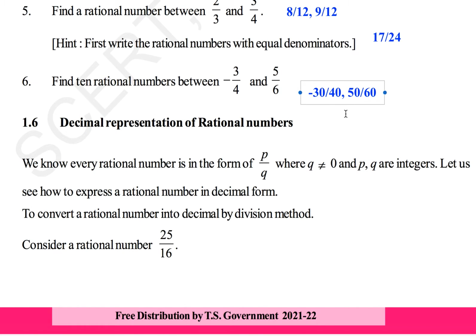Oh, wait a minute. These are positive numbers, these are negative numbers. So you need not go up to 10. 5 is enough.